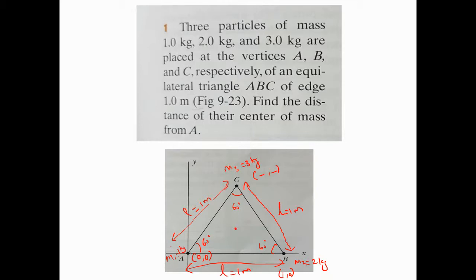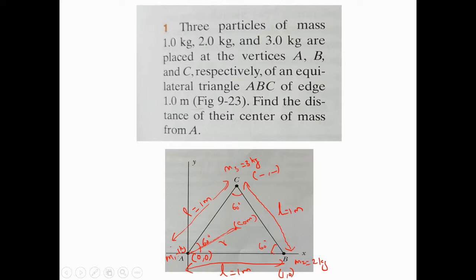What you are going to do is find the distance from point A to the center of mass. If you consider this is your center of mass, you are going to find the value of R from the point A.